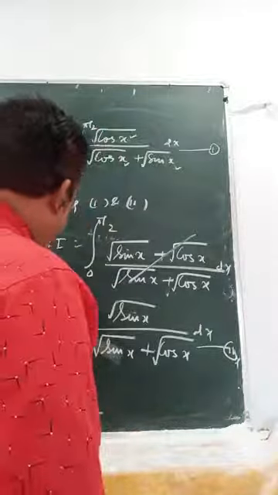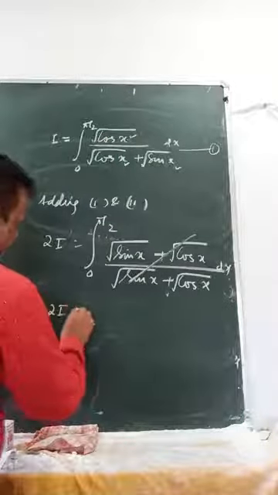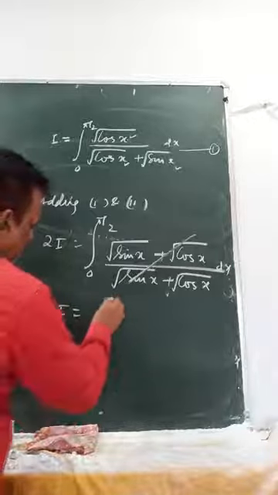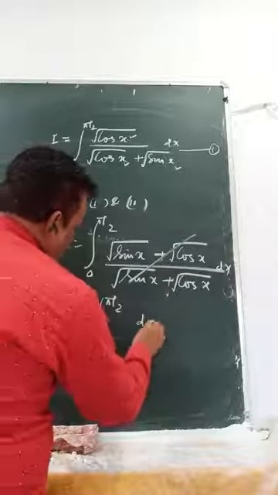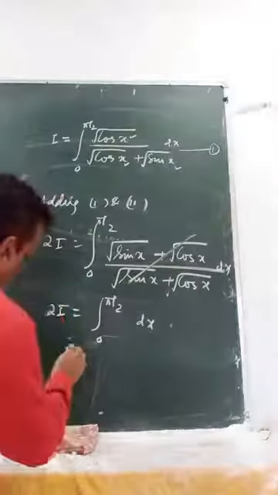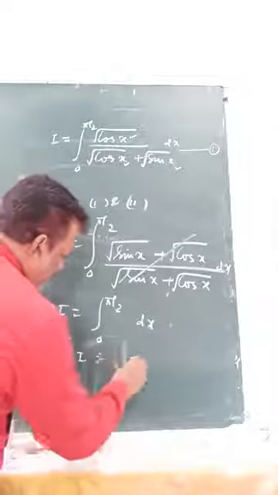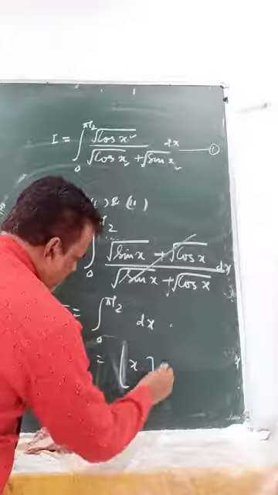Then 2I equals integral from 0 to pi by 2 of dx, because the integrand cancels. So 2I equals x, with limit 0 to pi by 2.